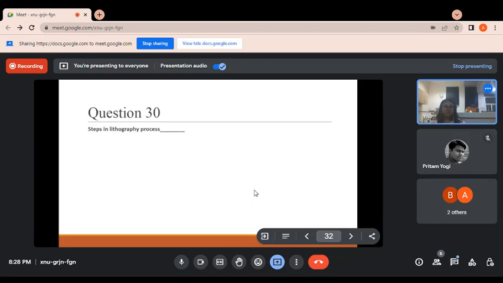Pritam, can you explain? Then we will go for the previous 11 questions. Actually, we have covered all of the questions. Okay. So after the cleaning of the wafer, first is the spin coat of the photoresist.